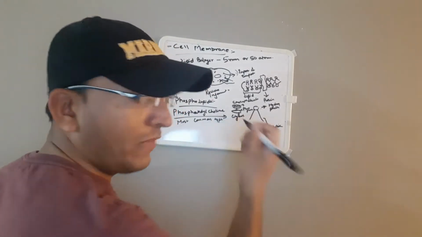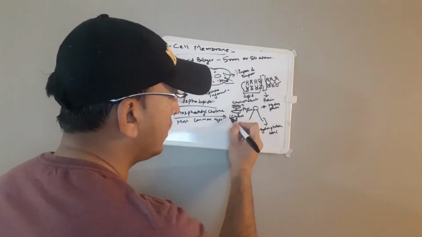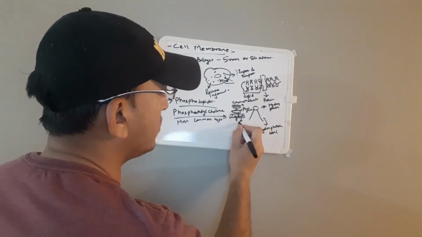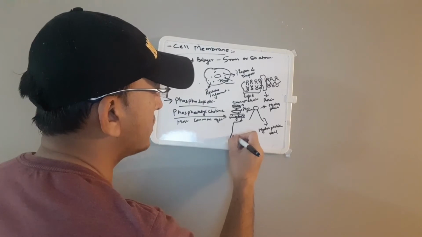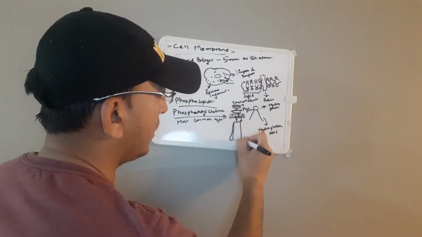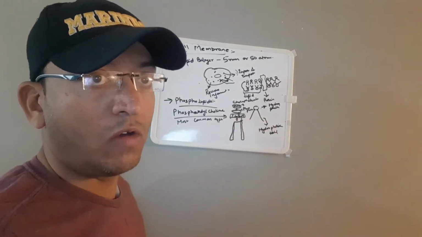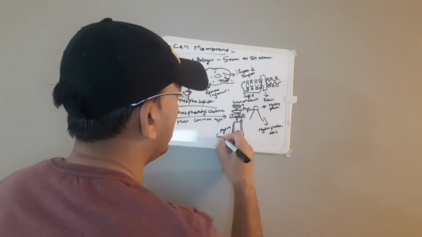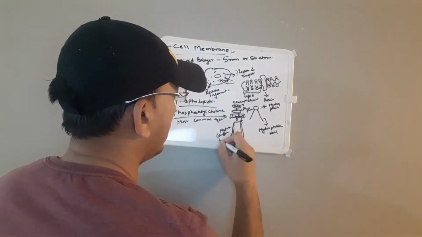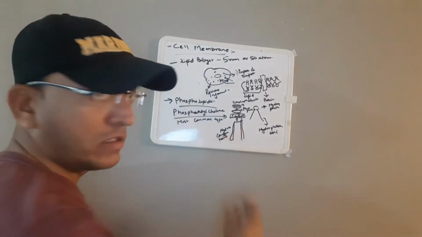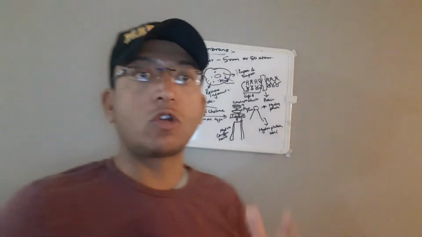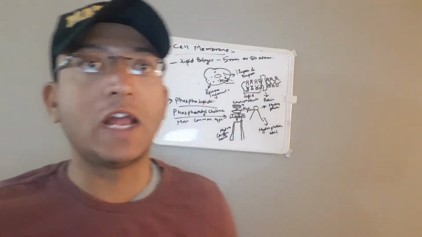If you remember, in the fatty acids we studied glycerol. And the glycerol in turn is attached to two hydrocarbon tails. So this is the structure of phosphatidylcholine, the most common type of phospholipid found in the cell membrane.